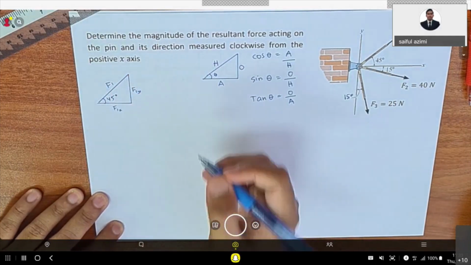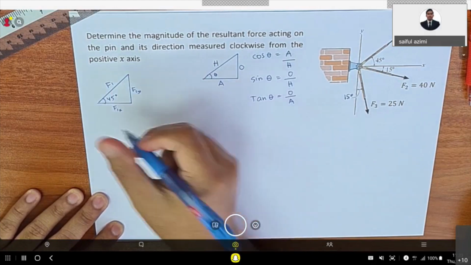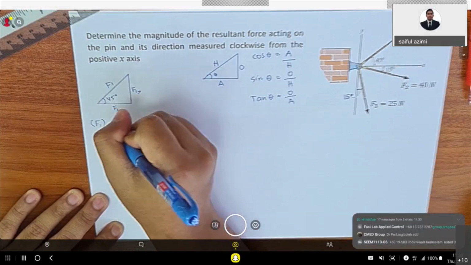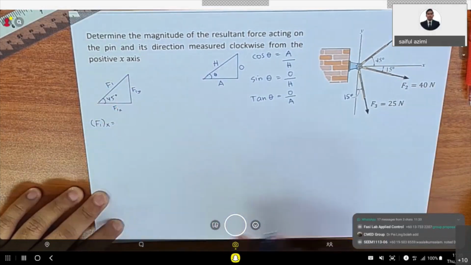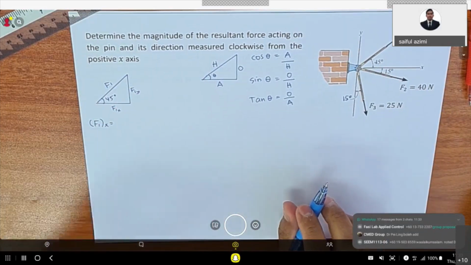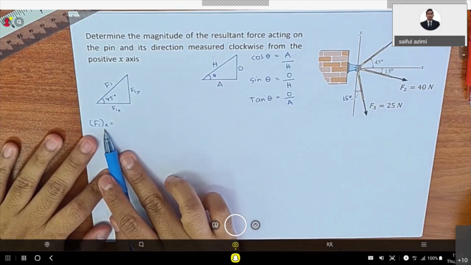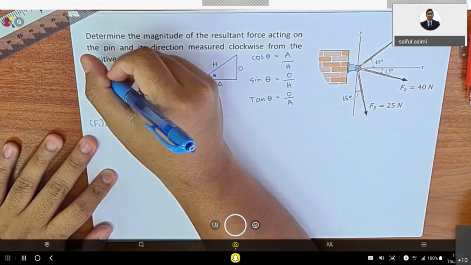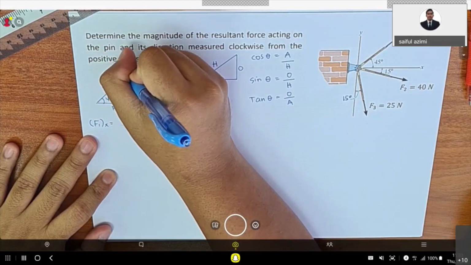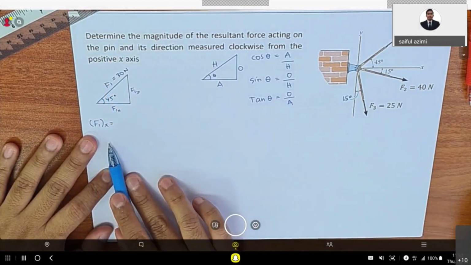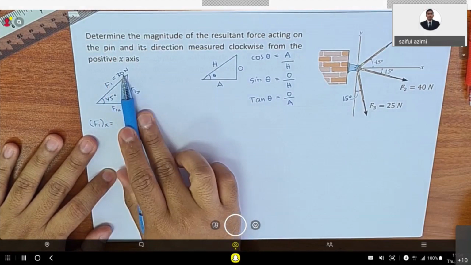So for force 1, we call it F1x. We have the force here, F1 equals to 30 Newton. So F1x equals to 30.